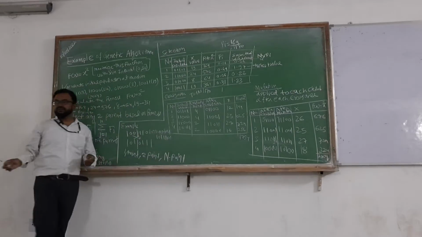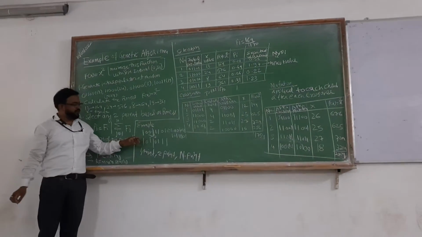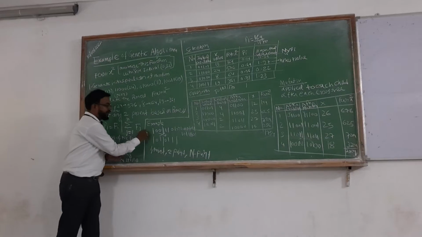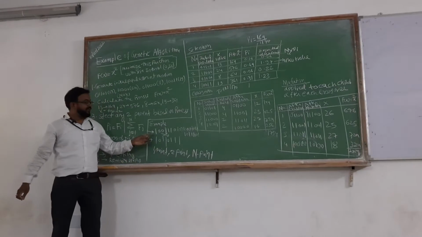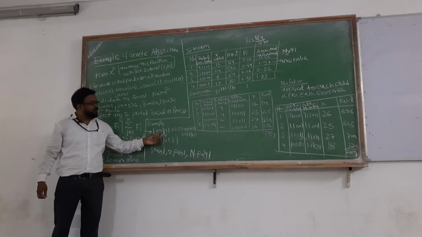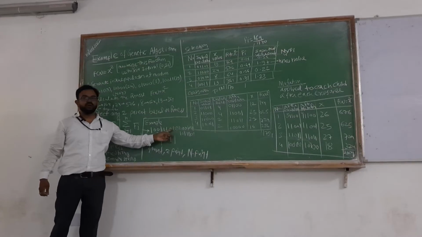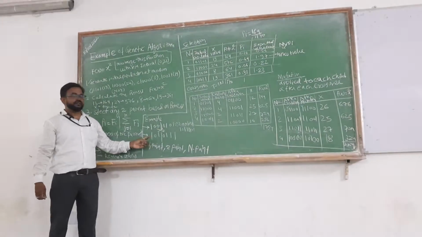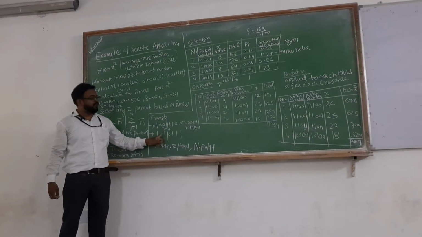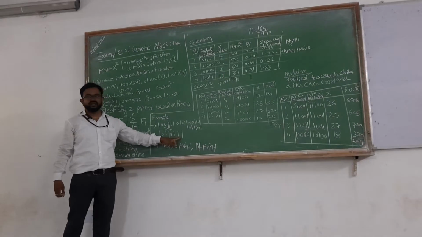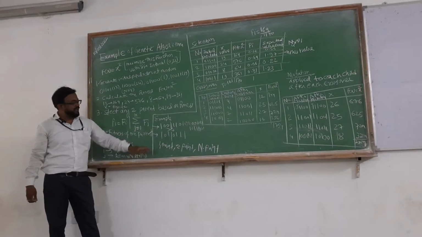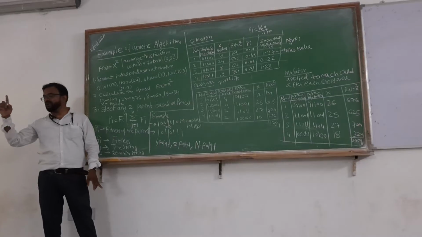Crossover means, here we can understand the crossover. Let us take one example. If you take two samples, one sample is 1, 0, 0, 1, 1, 1, 0, 1, and another sample is 1, 0, 1, 0, 1, 1, 1. So if you want, here we will take 4 point crossover.